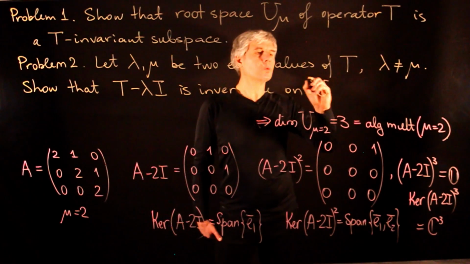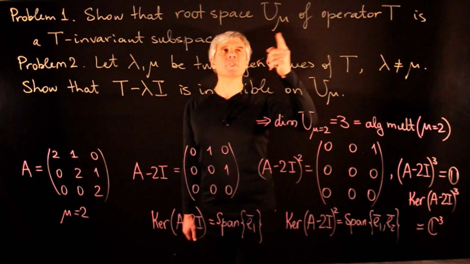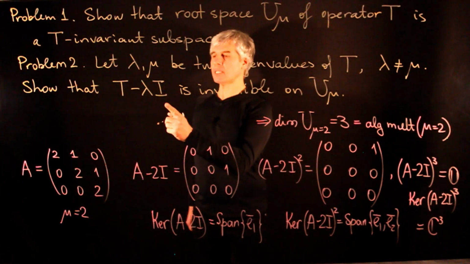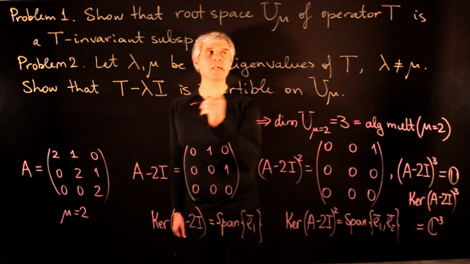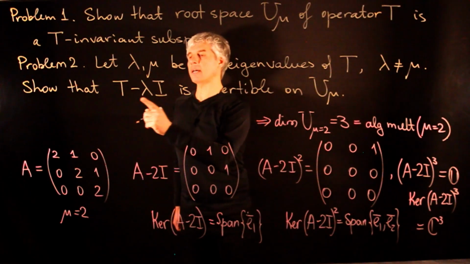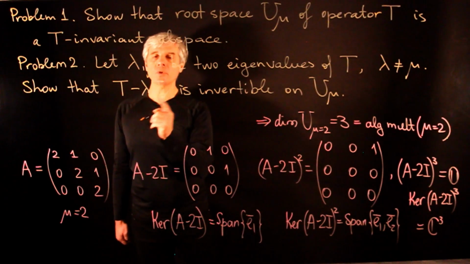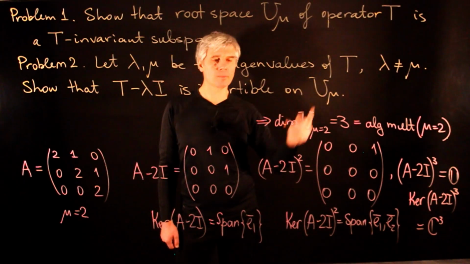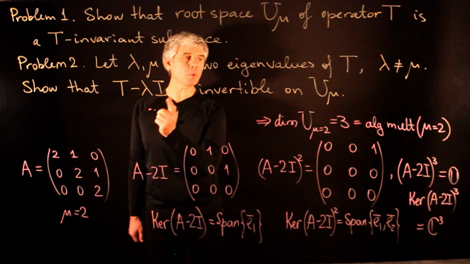on u mu. Now, in problem 1, we are showing that the root space u mu is invariant under T. Since every subspace is invariant under identity operator, we get that u mu is invariant under operator T minus lambda I. And then we can view T minus lambda I as an operator on u mu. Whereas this operator need not be invertible on the whole space.